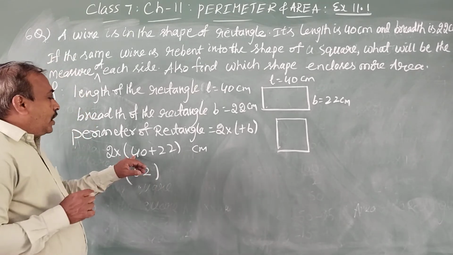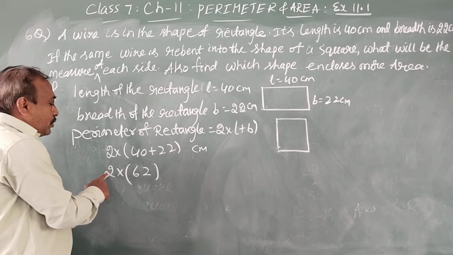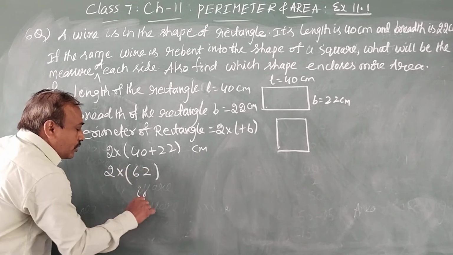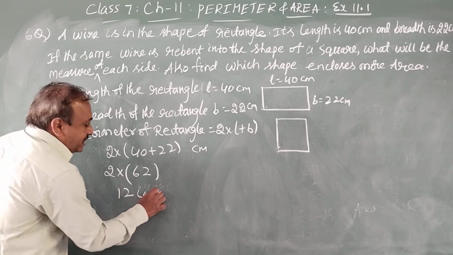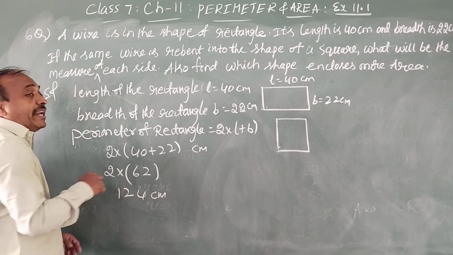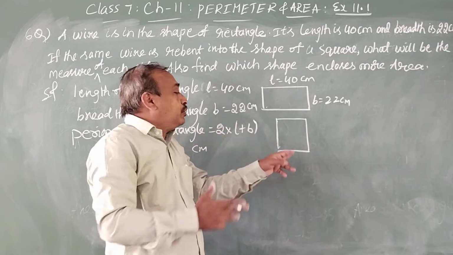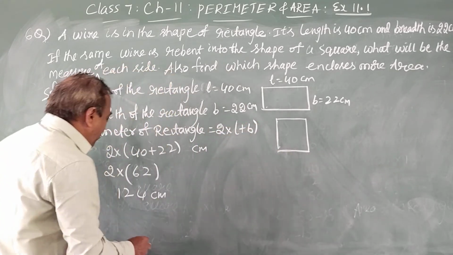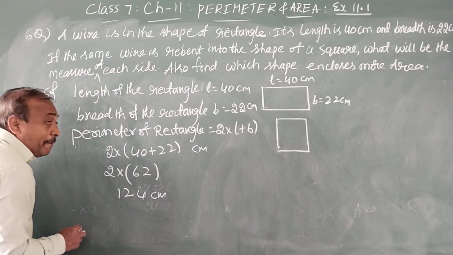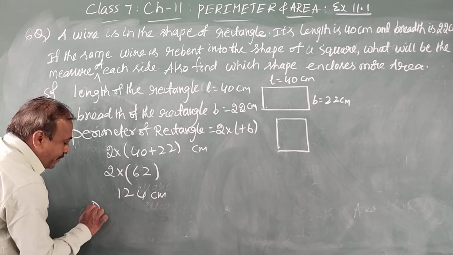Observe it. 40 plus 22 is 62. 2 into 62: 2 twos are 4, 2 sixes are 12. 124 centimeters. This is the perimeter of the rectangle. But they are reconstructed, reshaped, rebent into the shape of a square. So perimeter of rectangle is equal to perimeter of square.